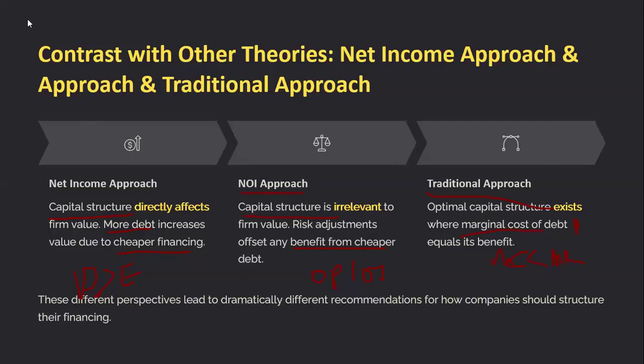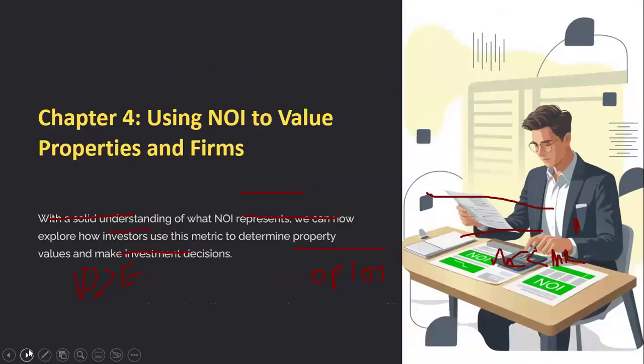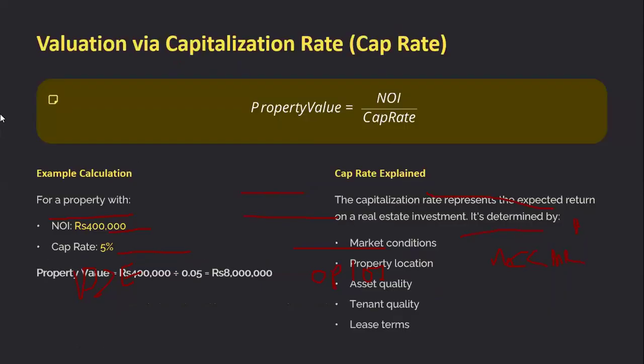Okay. Then I go for the next. For this, the value of firm will be net operating income divided by capitalization rate. For example, net operating income is 4 lakh and cost of capital is 5%. Then value of firm will be 80 lakhs.